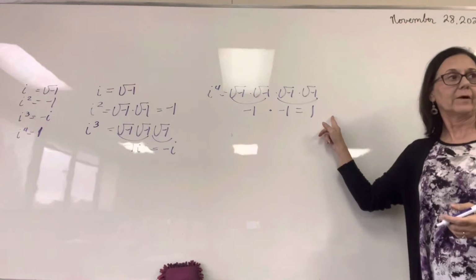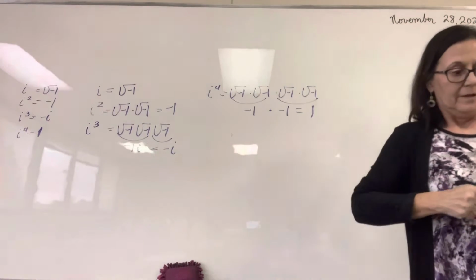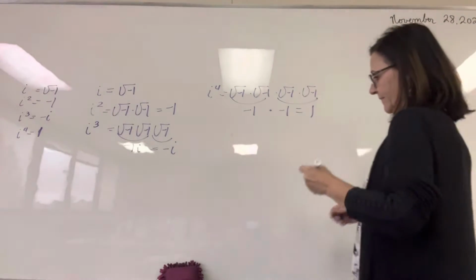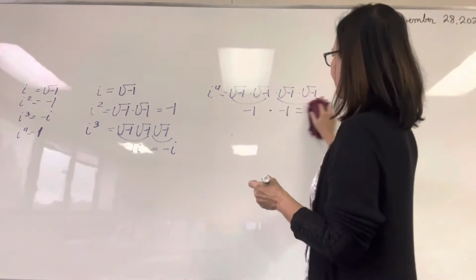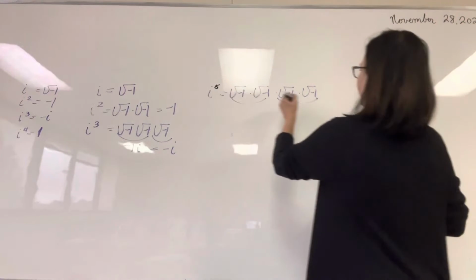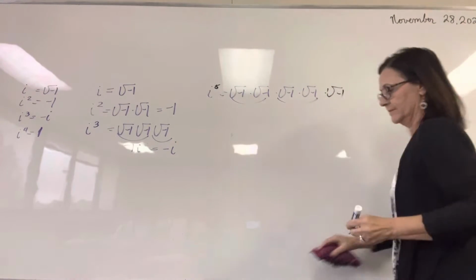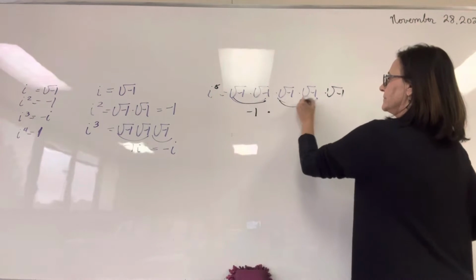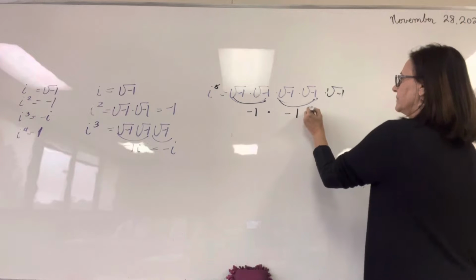Okay, we're going to go one more. We're going to go i to the 5th. So I'm going to erase this and make that a 5th, and add a square root of negative 1. All right, we said this is negative 1. This is negative 1. What is this?